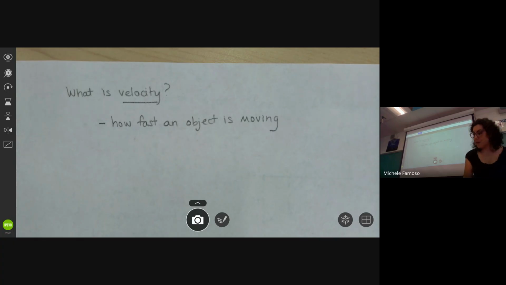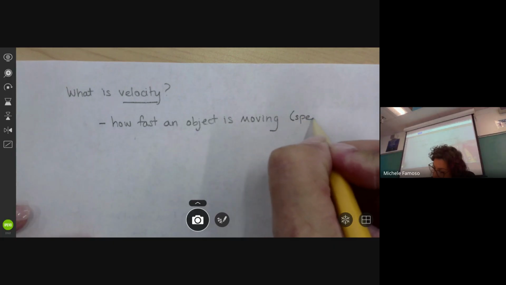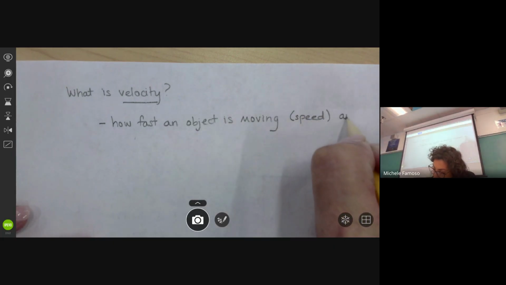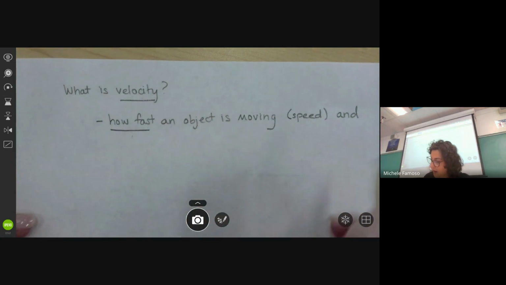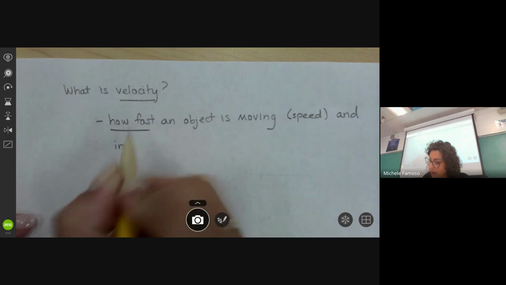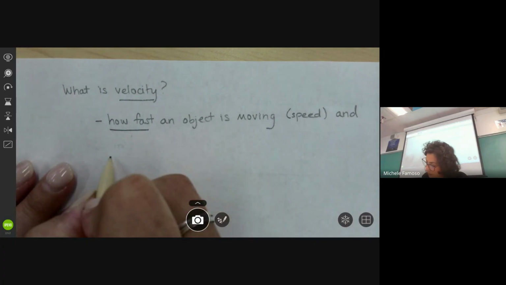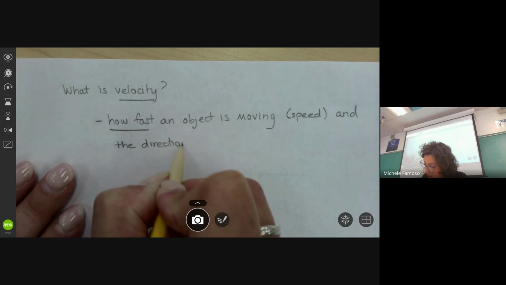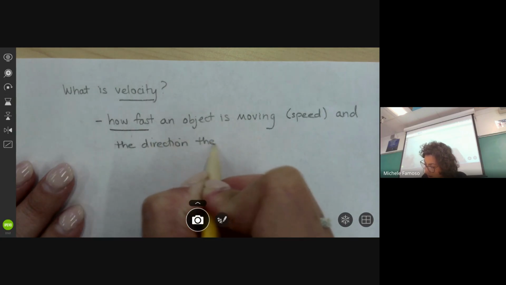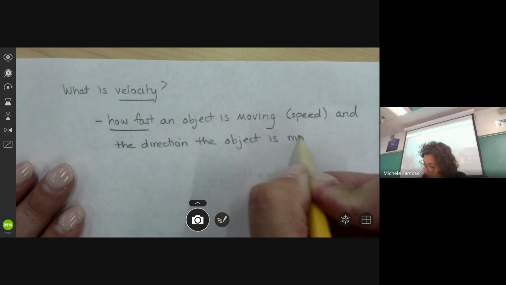When we say how fast, we're talking about an object's speed, but it also includes something else. So it talks about how fast and, yes, the direction of motion, or the direction the object is moving in.